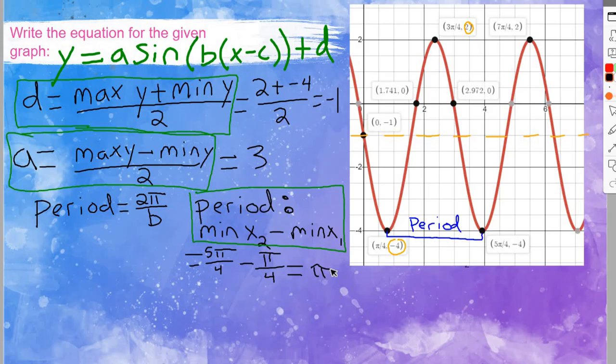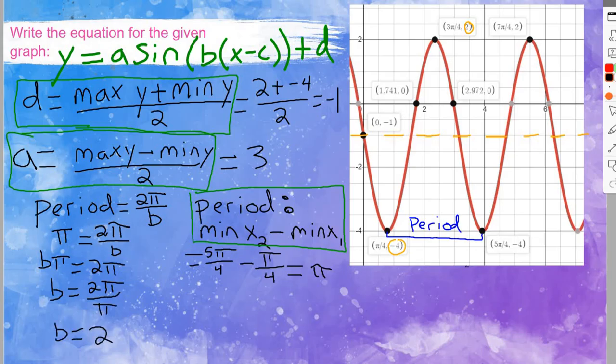So now I need to use that to solve for my b value. Now I can say that pi equals 2 pi divided by b. It's just an equation, so I'm solving. So I get that b equals 2. Yes, no, maybe.